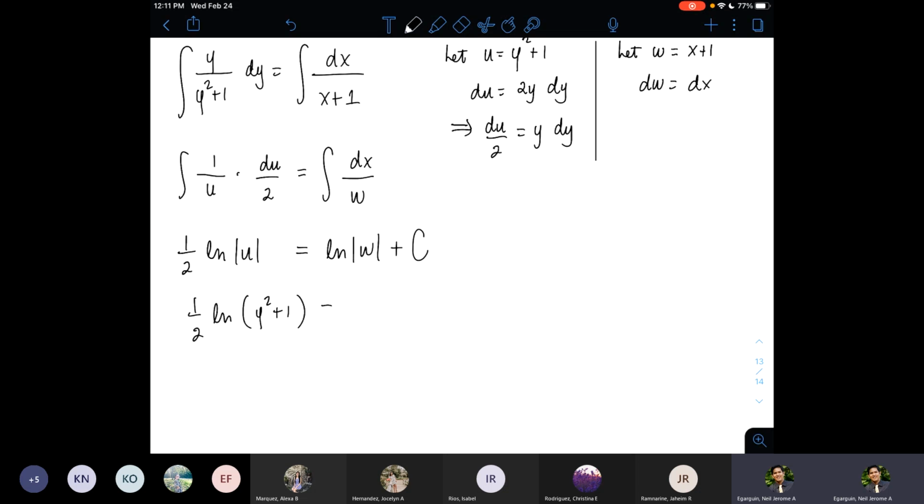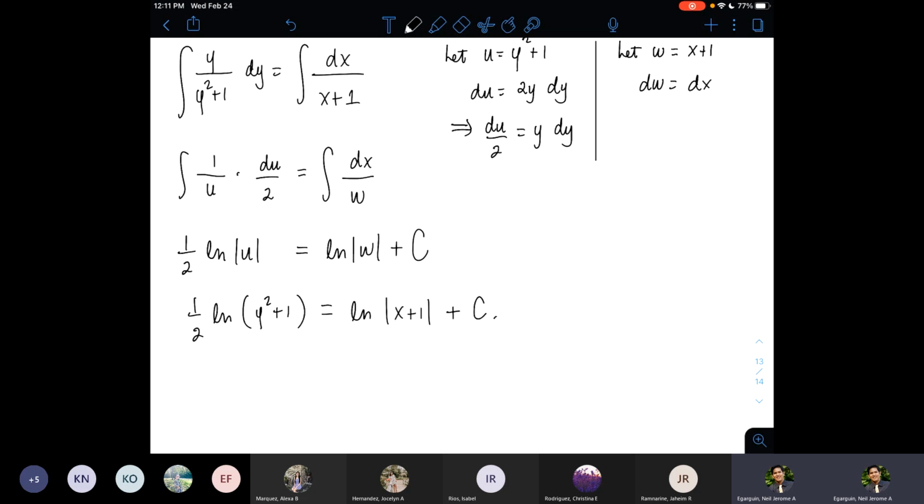And then on the right-hand side, I'll have ln of w, which stands for x plus 1. In this case, I cannot get rid of the absolute value symbols because x plus 1 might be negative at times. So to remove that possibility, I'll enclose it in absolute value bars, plus the arbitrary constant c.